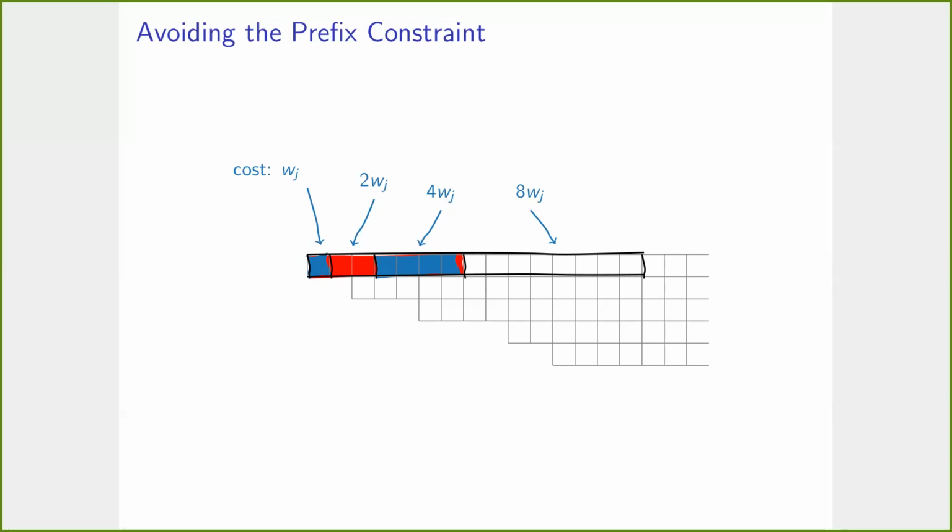And again, this just increases the cost of the solution by a factor of 2, because by this exponential growth, the length of the last blue group is already at least half of the length of the whole prefix here. So within constant factors, these 2 variants are equivalent.